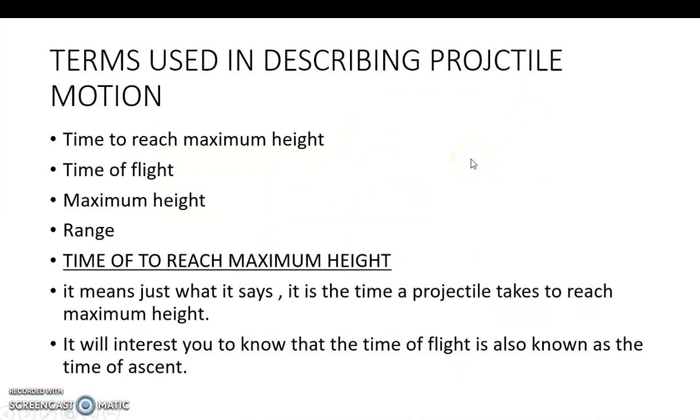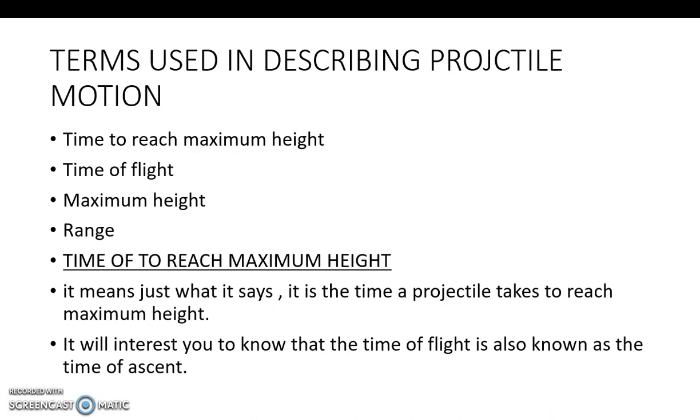Now the terms used in describing projectile motion are time to reach maximum height, time of flight, maximum height, and range. The time to reach maximum height means just what it says. It is the time a projectile takes to reach its maximum height.